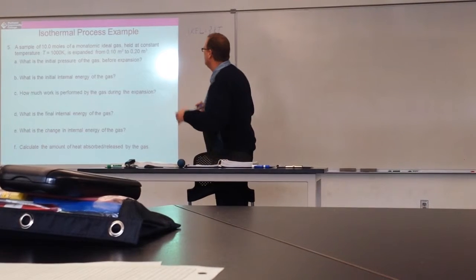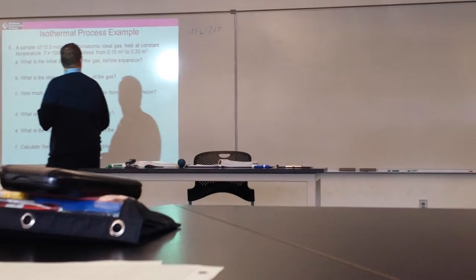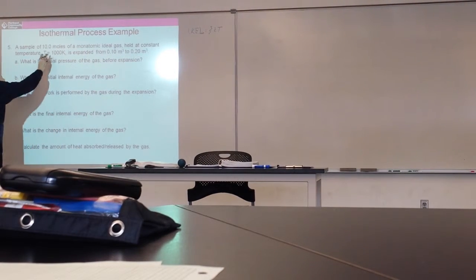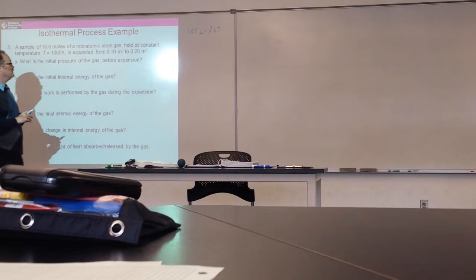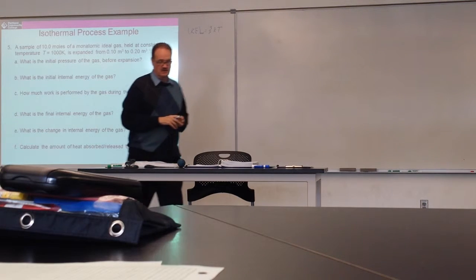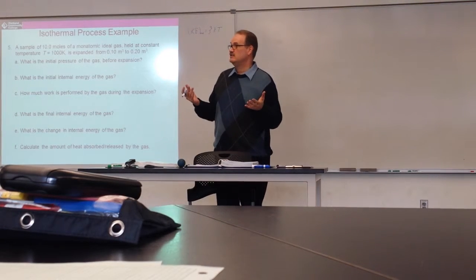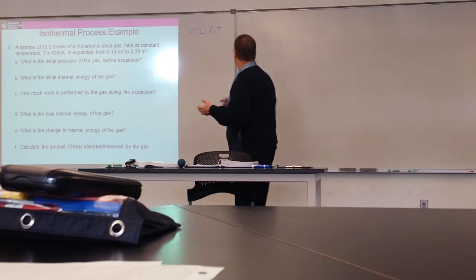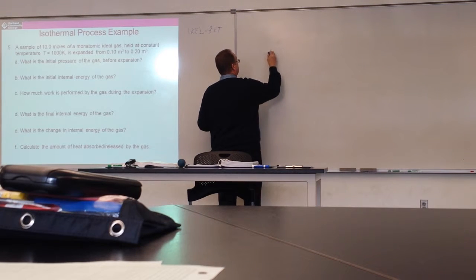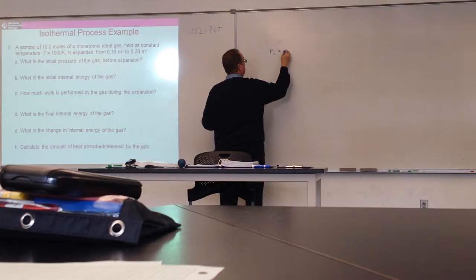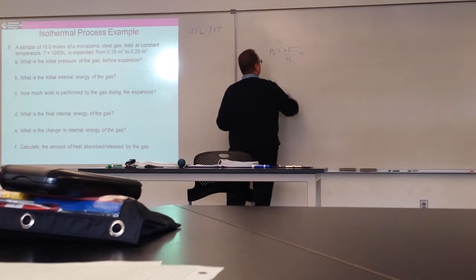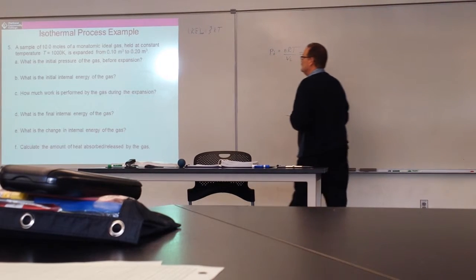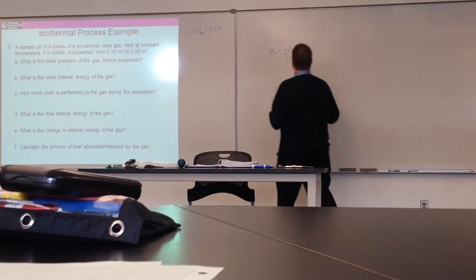Okay, so we've got a sample of 10 moles of monatomic ideal gas held at a constant temperature, so that tells you it's isothermal, expanded from that to that. So what's the initial pressure of the gas before the expansion? Okay, for that you can use the ideal gas law. So before the expansion, P initial is going to be equal to nRT over the initial volume. So plug that in.